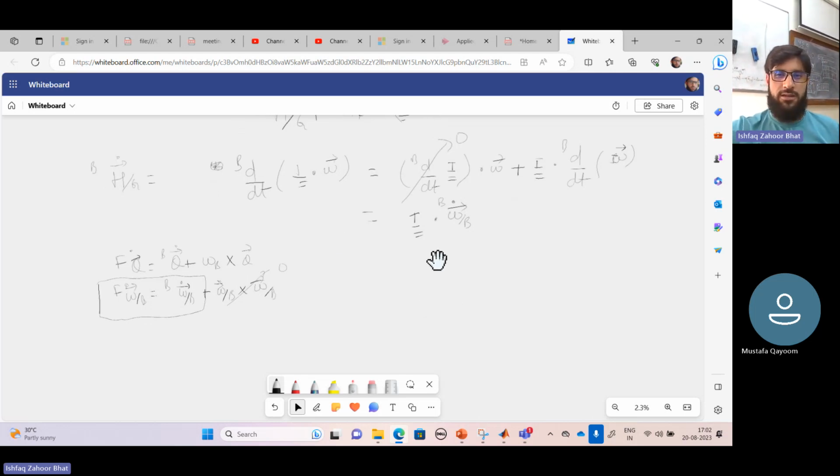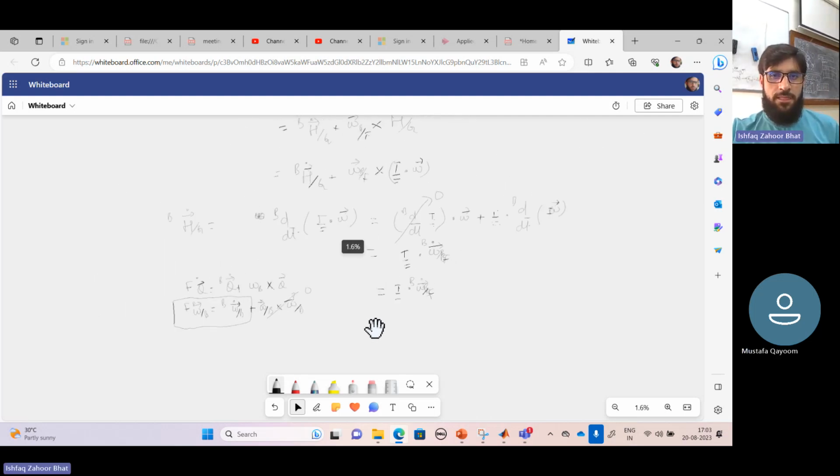Okay, so I can replace this and write it as I dot omega. Subscript B represents omega of the body with respect to the fixed frame, and the upper B represents the frame in which you are taking the derivative.